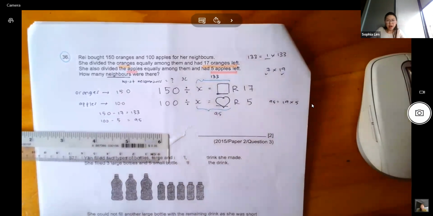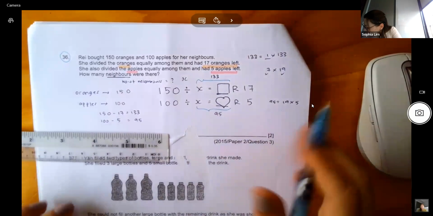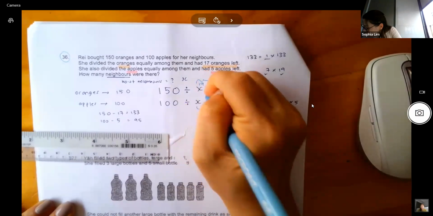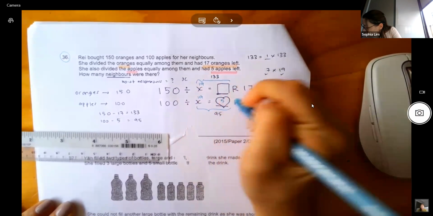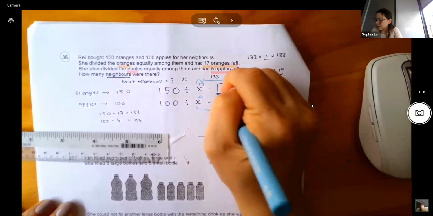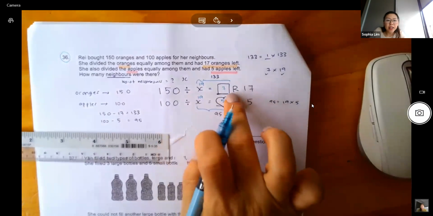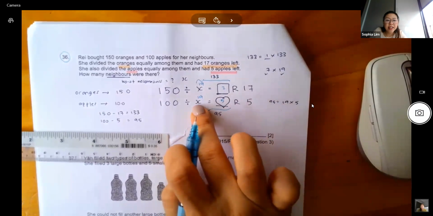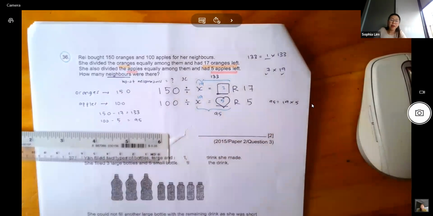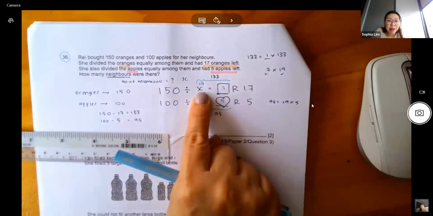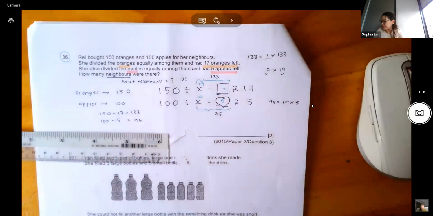So we are quite happy, yay, I know already. Meaning this X is 19, and the quotient is 7. This X is 19, and the other quotient is 5. So in other words, we have found the answer because they are just asking how many neighbors there are. There are 19 neighbors.